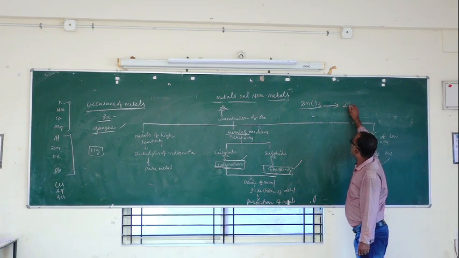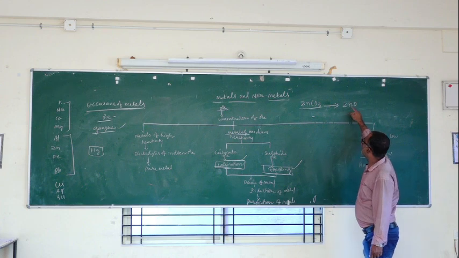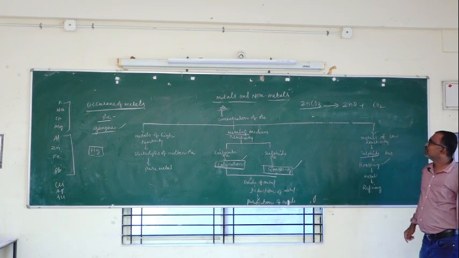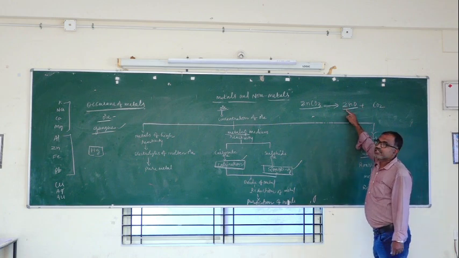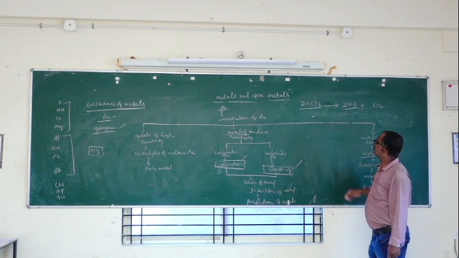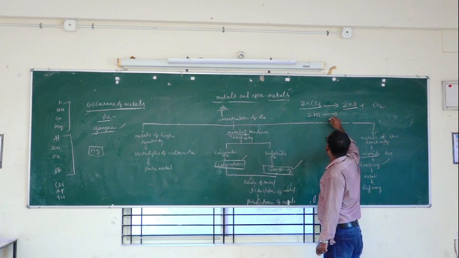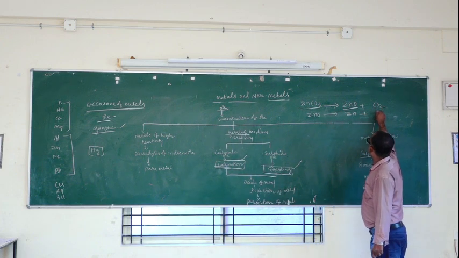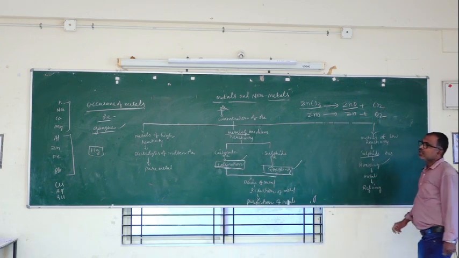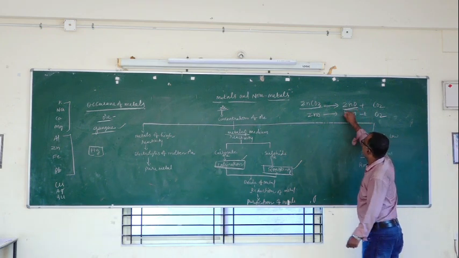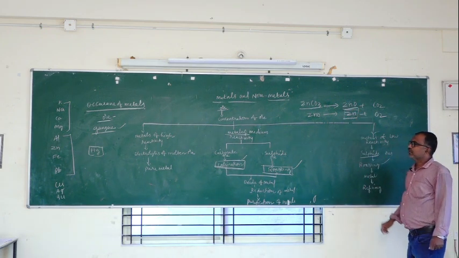We are going to get ZnO plus CO2. So we need Zn only, so for that we are going to reduce ZnO to get Zn plus O2. So this is the another method. Finally, we are going to get the zinc.